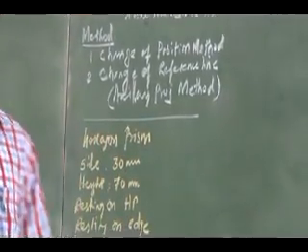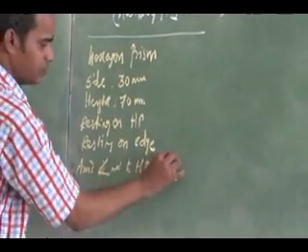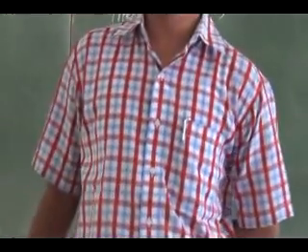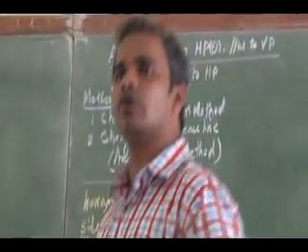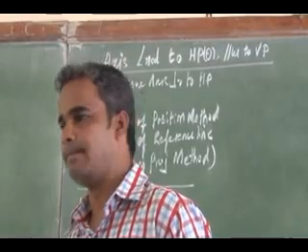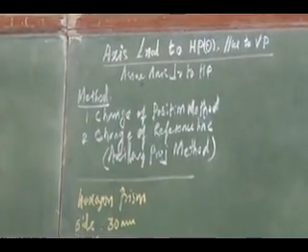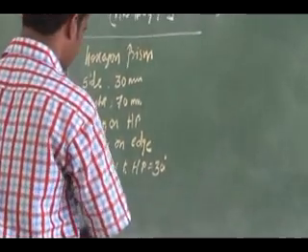For the other plane, the axis will be parallel. So axis inclined to HP, that is 30 degree. Full stop. Draw the front view and top view of the prism. You are asked to draw the front view and top view.